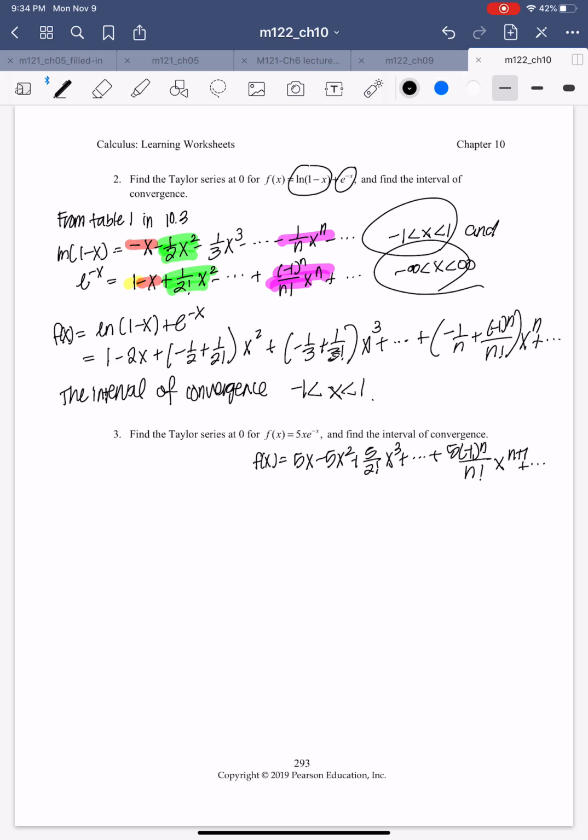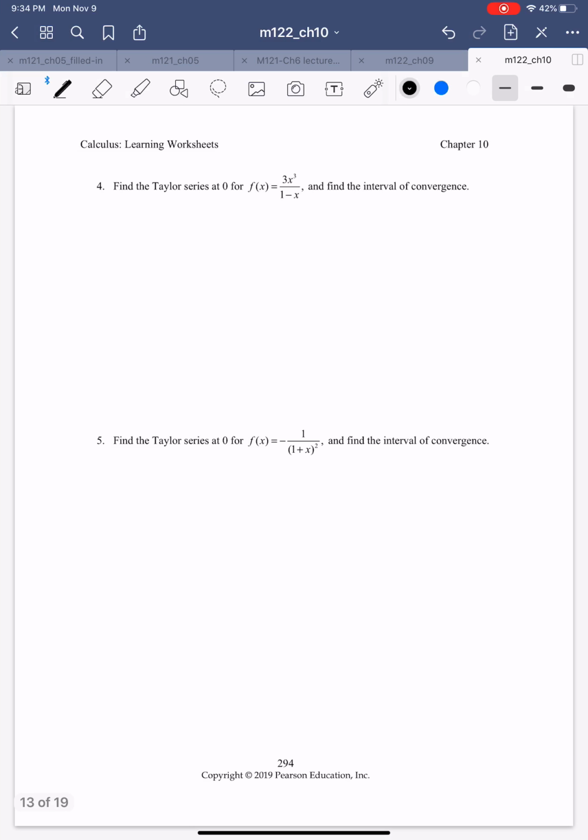And then the interval of convergence, which I will abbreviate as IOC, will end up being negative infinity to infinity. Try using the chart. Same thing with number 4 and 5.